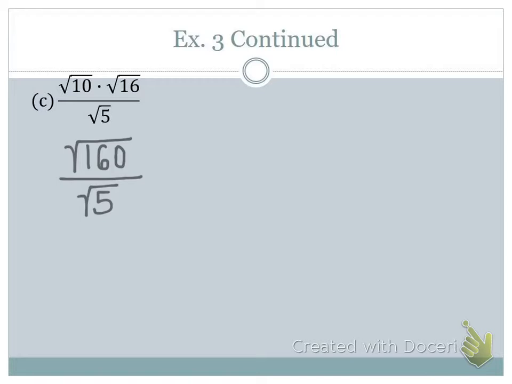All right, 160. So we have the square root of 160 divided by the square root of 5. So what do we have to do first, Elena? We always start in our numerator. Let's simplify our numerator first.